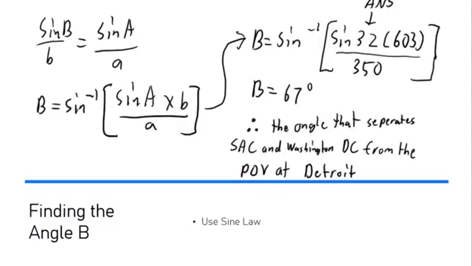After moving B to the other side, I plugged in the numbers, which allowed me to find angle B. Using the exact, not rounded, degree from angle A, I found that the angle B equals 67 degrees. And therefore, the angle that separates Sac and Washington, D.C. from the POV at Detroit is 67 degrees.